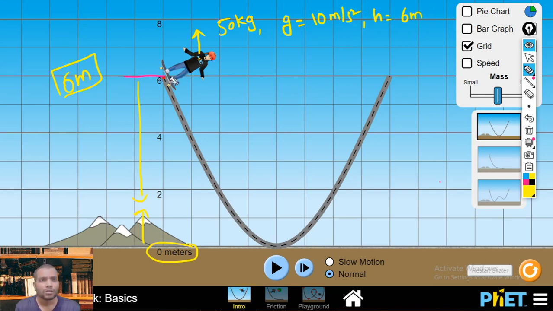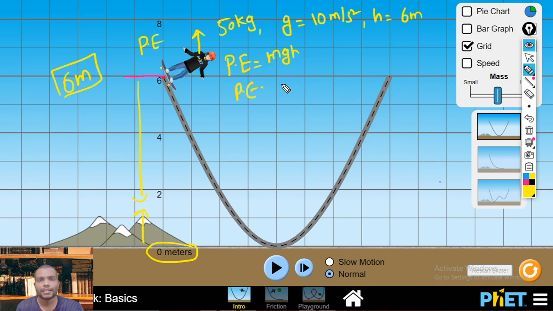So this skater at this point has potential energy. Since he is at a height from the ground, he has potential energy. So what is his potential energy value? Just multiply everything. Potential energy formula equals mgh.